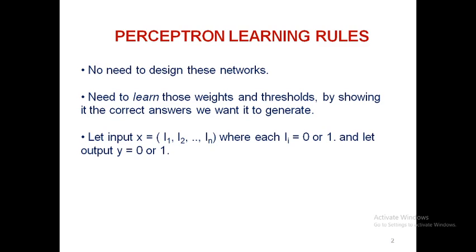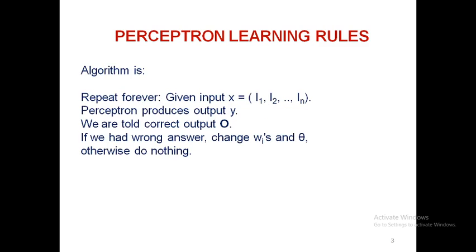For example, let the input be x equal to I1, I2 and so on up to In, where each input may be either 0 or 1. In that case, the output is also either 0 or 1. So by assuming this, how will the perceptron learning rules be framed?